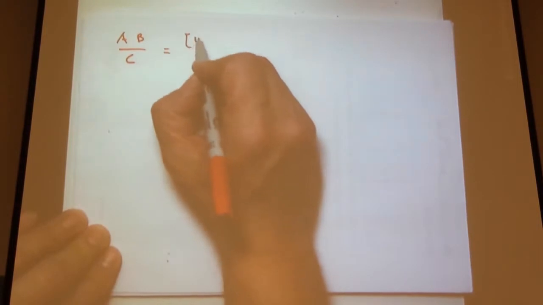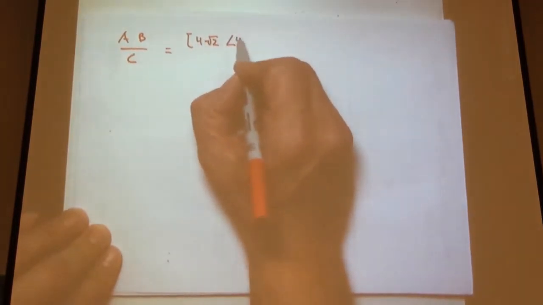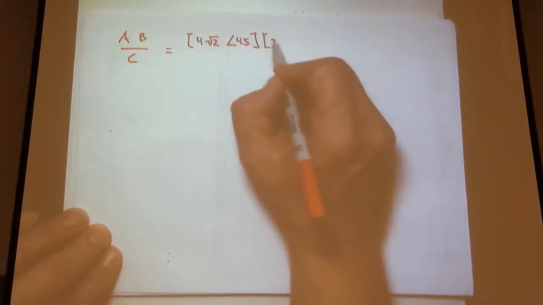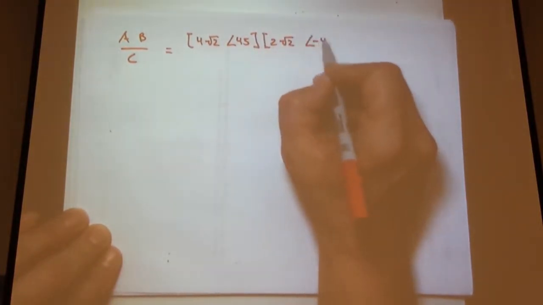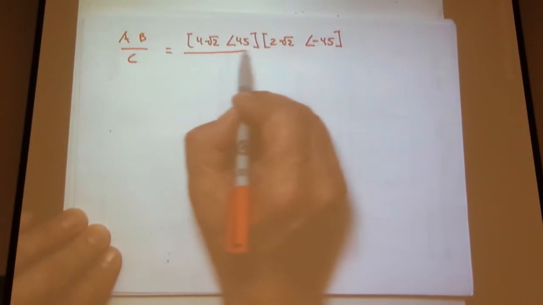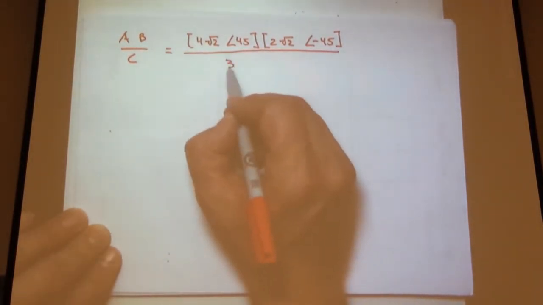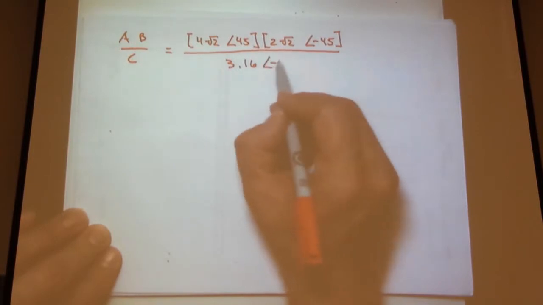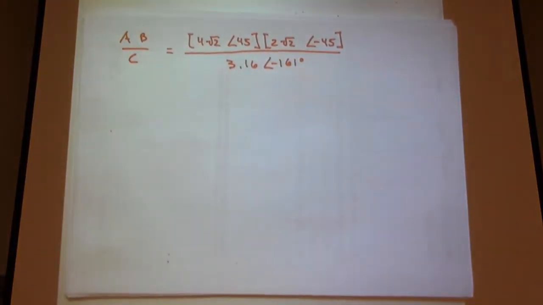For example, if we look at the next one, AB over C. Well, we certainly don't want to have many, many complex numbers multiplying out, so we do this directly in phasor form, and we can write this as 4 times square root of 2, angle 45, times 2 times square root of 2, angle minus 45, over 3.16, angle minus 161, and do everything out there.